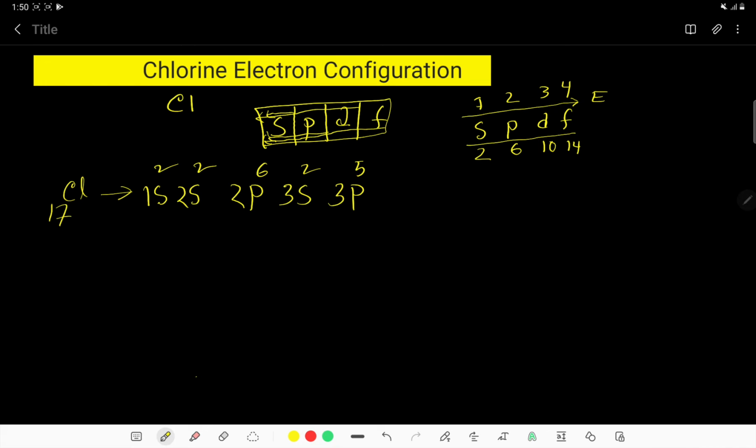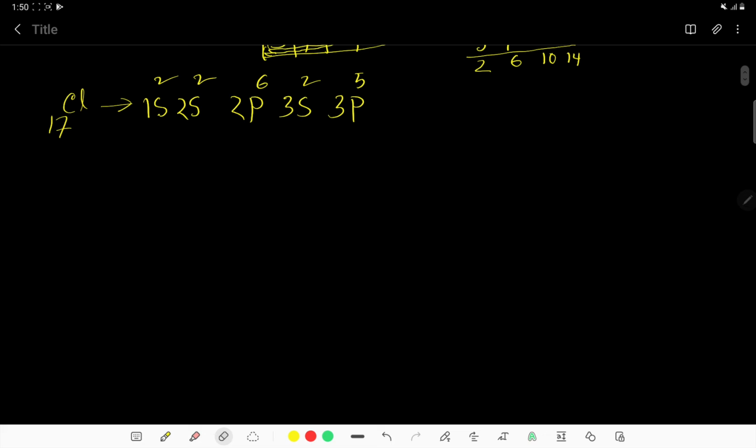Okay, so I'm going to show you another method to write the electron configuration of chlorine. You know that we can write electron configuration like this: 1s, then 2s, 2p, then 3s, 3p, 3d.